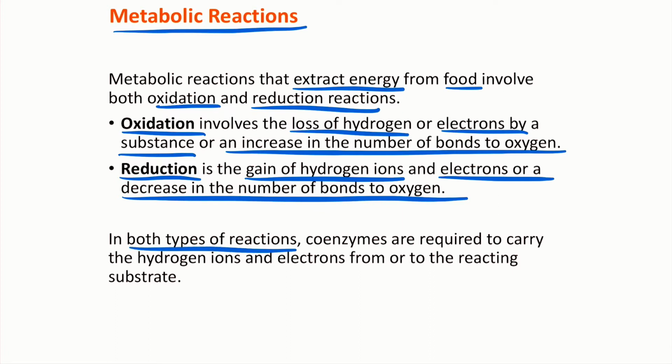In both of these types of reactions, we use coenzymes. These coenzymes are required to carry the hydrogen ions and electrons from or to the reacting substrate, because the hydrogen ions themselves do not have an easy way to transfer from one place to another. So think of coenzymes as assisting processes that deliver the hydrogen ions from one place to another.